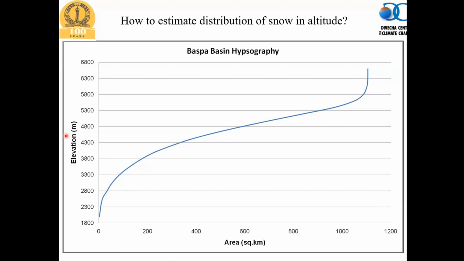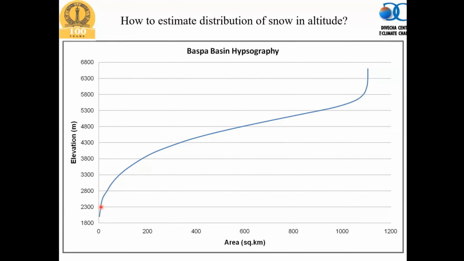Now, a quick question is how to estimate the distribution of snow in an altitude zone. The first thing you need to do is estimate the basin hypsometry. What it means is you plot the area versus elevation graph. This is the Baspa basin hypsometry, the Baspa basin being in Himachal Pradesh, and you can see how the total geographical area varies in each altitude zone.